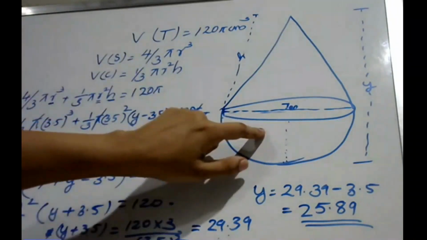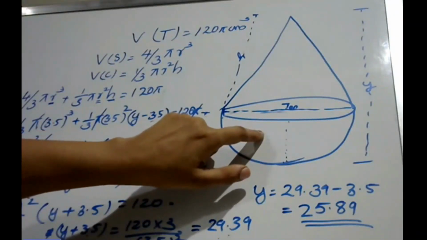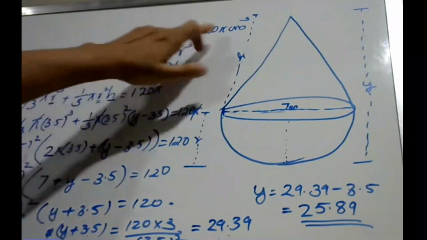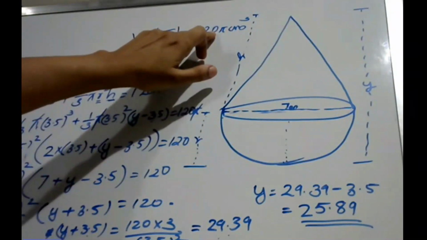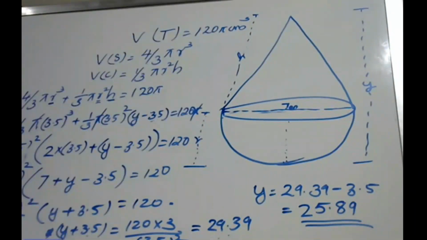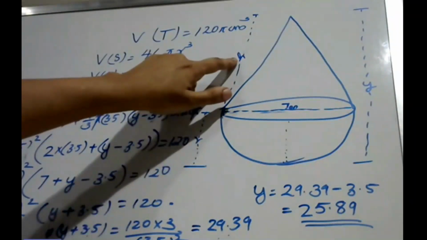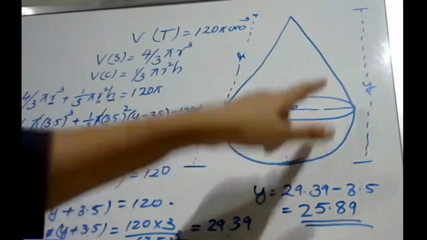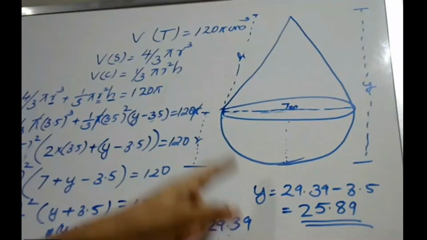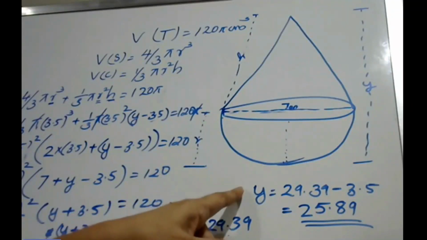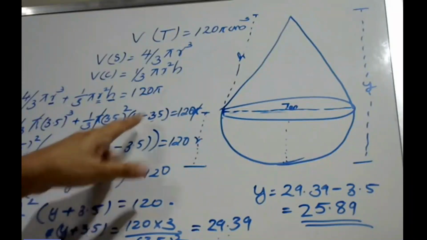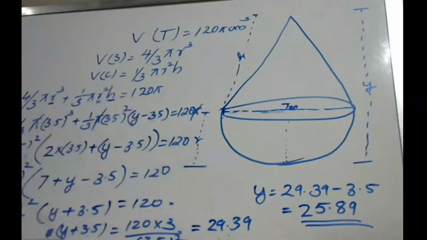So here what we did is that we were given the volume of the sphere, so we have to take half the volume to get the volume of the hemisphere. We add those two and equate it with the total volume. The main thing we have done is that we converted this h in terms of y and r. R is given and y is what we have to find, so we made h as y minus r.